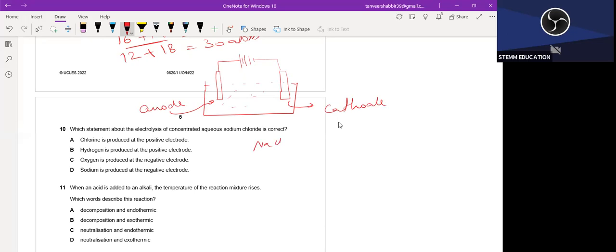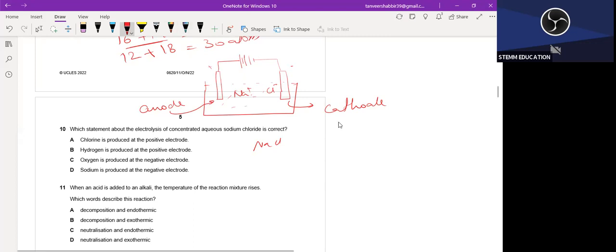NaCl is present here. It will break down into Na plus and Cl minus. As I already said, this electrode is a positive electrode and this is a negative electrode. Positive and negative will attract each other.